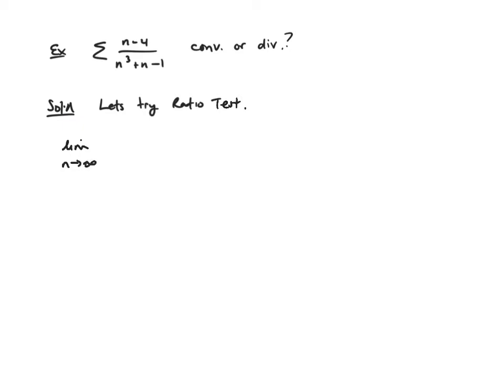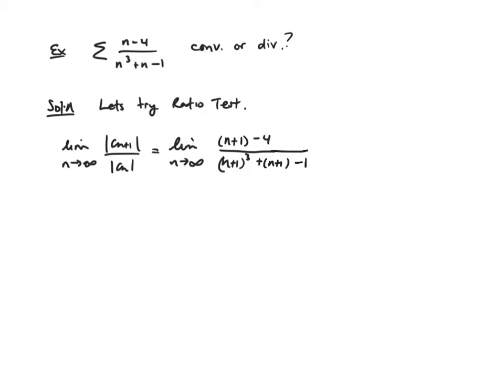Always starts with the same expression, this ratio of a_{n+1} over a_n in absolute value. A_{n+1} means take the series expression and take all the n's and make them n plus 1. Plus 1 cubed plus n plus 1 minus 1. All right, there's the first one. Multiply by the reciprocal to divide by a_n.